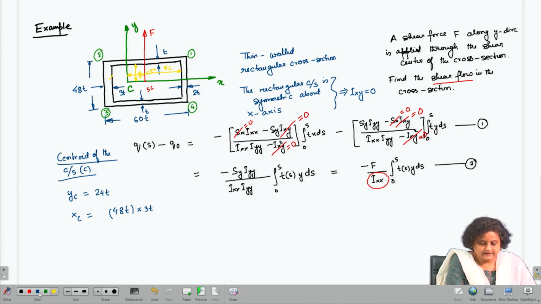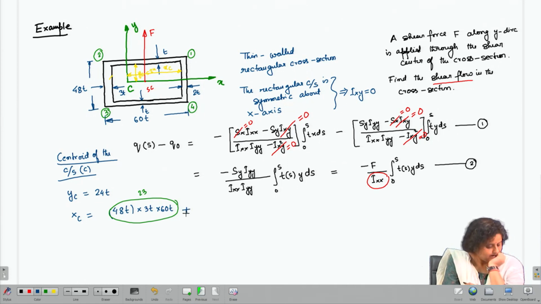So, therefore, x c is 48 into 3 t into 60 t. So, this is for portion 2 3, plus I will have the top and bottom flange.